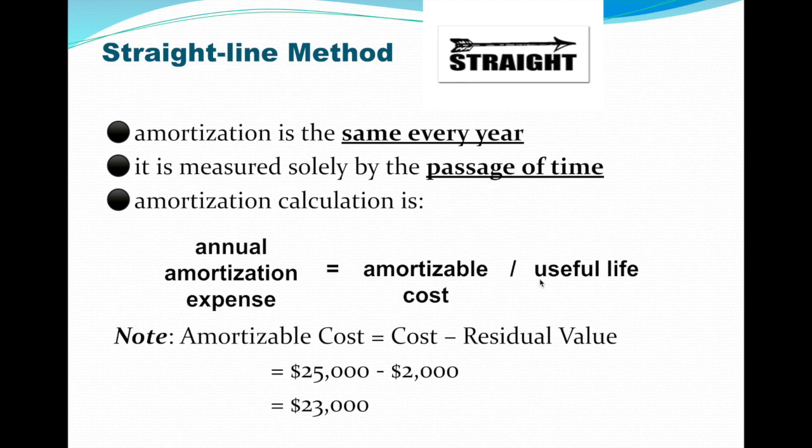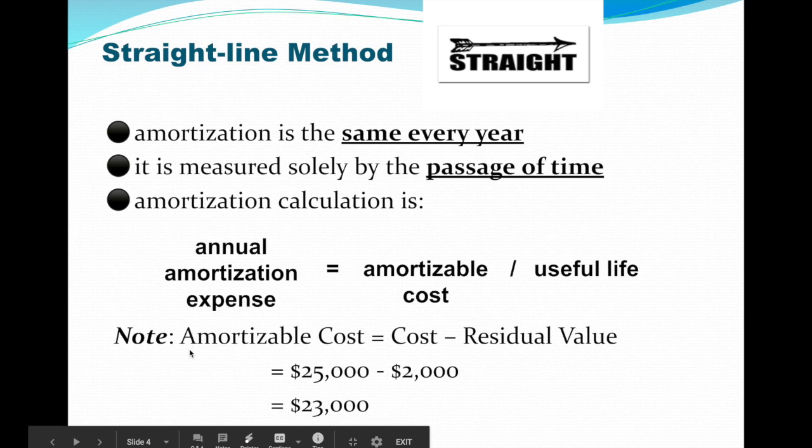Now, if you decided to convert your useful life into a rate, which you're welcome to do, then instead you would take the amortizable cost and multiply it by the percentage or the fraction that you got. So, for example, in our previous slide, we determined that the useful life was 5 years. So our rate is 1/5, or 20%. So you take your amortizable cost times 1/5, and that gives you your annual amortization expense.